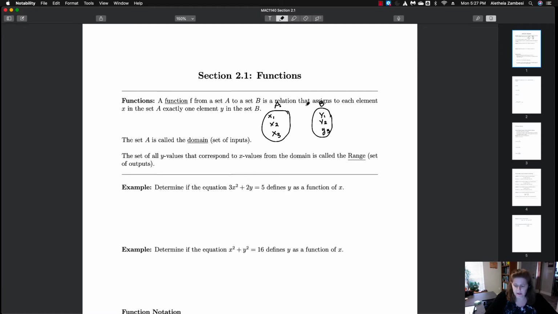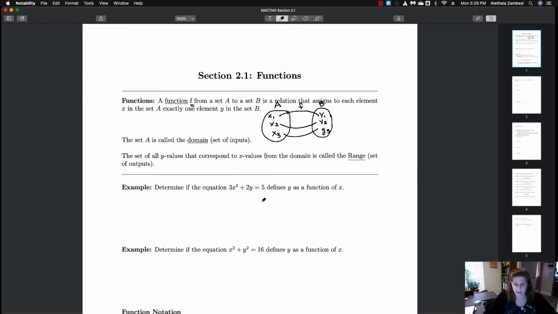Now the function itself, usually notated with an f or a g or an h depending on what you're looking at, is the relationship between this x value and the y values. So this part here, the bridge, is your relationship or your function.